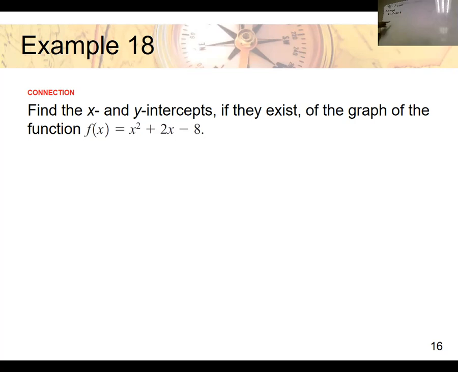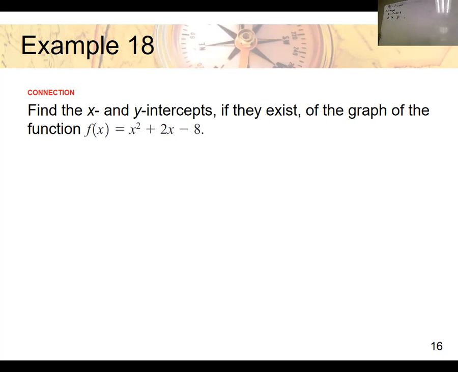I'm going to try to factor x squared plus 2x minus 8 into 2 binomial terms, like this. So I'm factoring this out into 2 binomials. X squared, I can break up as x times x.